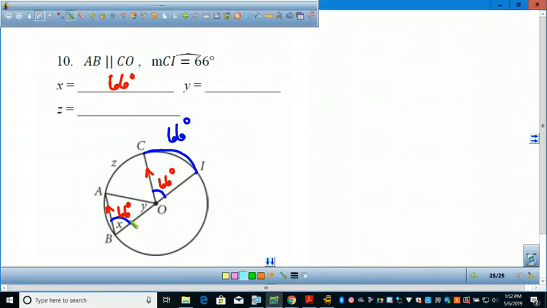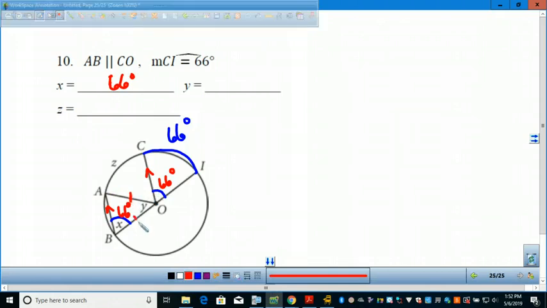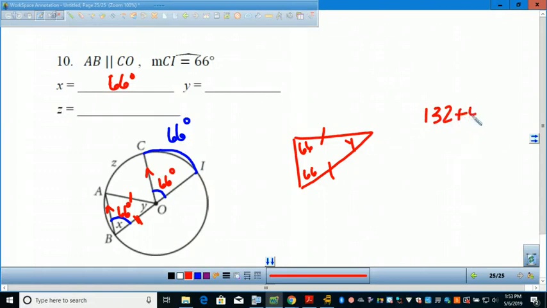Now this is 180 degrees. Oh, let's see. Hold on. I'll work on Y first. This is isosceles. Looks like this. So this is 66. This is a radius and that's a radius. So I know those match. So this is 66 and this is 66. So you got to figure out Y. So 132 plus Y equals 180.